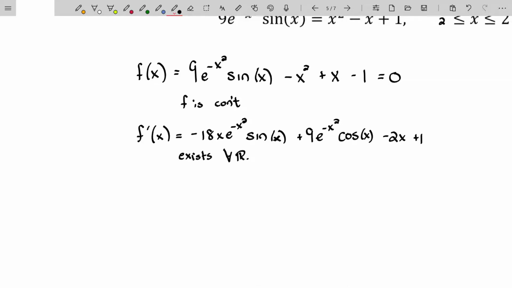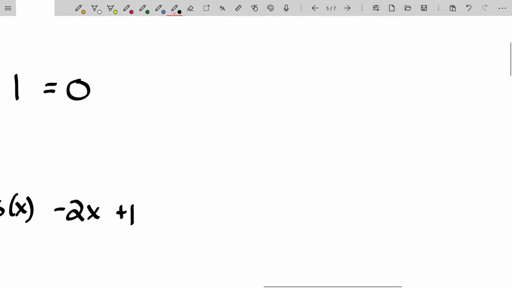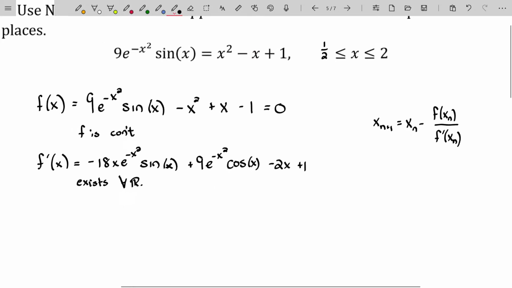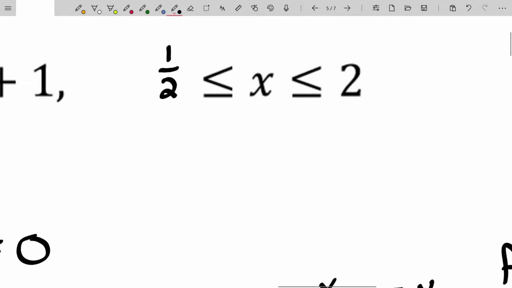Our first task is really to make a guess. Remember, the method itself is x sub n plus 1 is equal to x sub n minus f evaluated at x sub n over f prime at x sub n. And if you take a look at the interval they've given us, they're insinuating there's a solution on this interval.